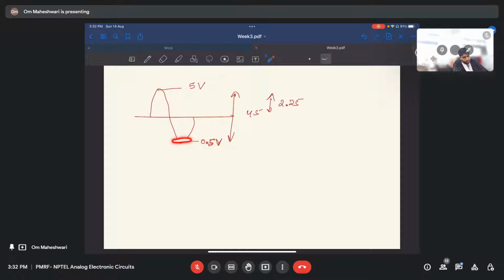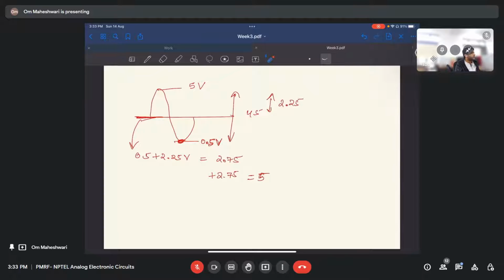This value will be 0.5 plus 2.25 volts, that is 2.75. Now if we add 2.75 more, we will get 5 volts. So that is why we are taking it to be 2.75, not 2.25. Does this make sense?